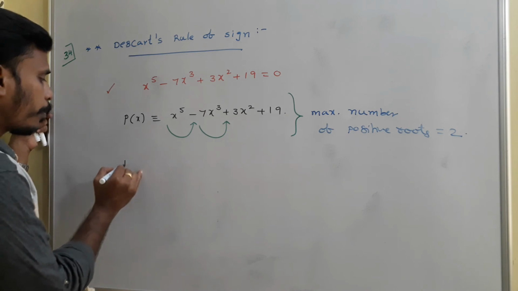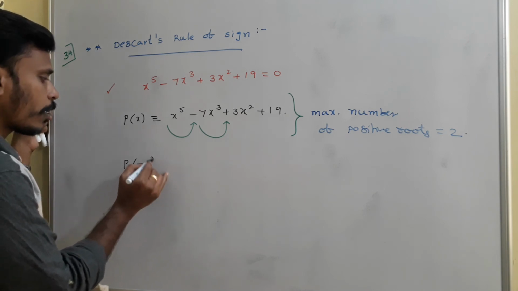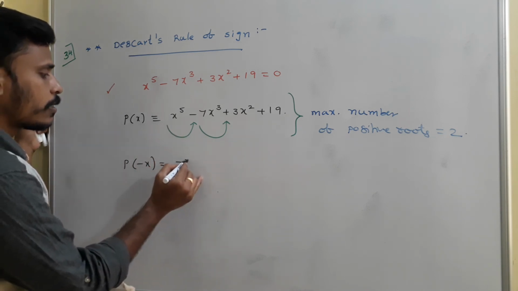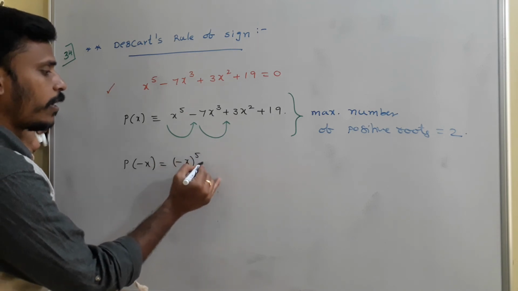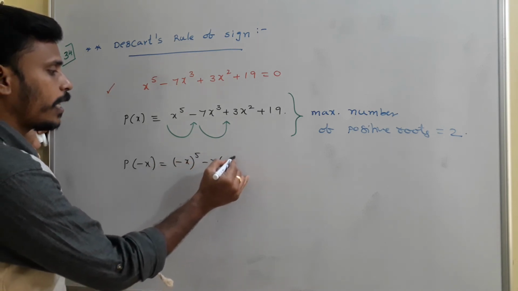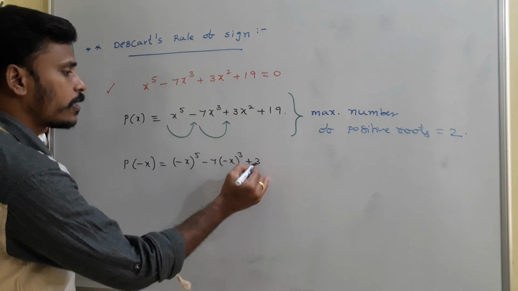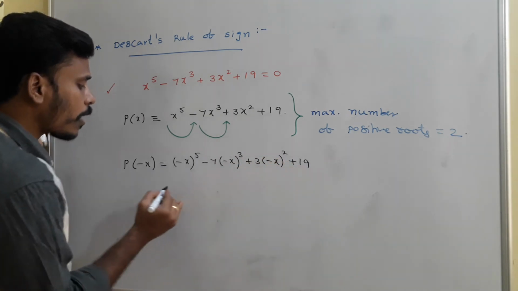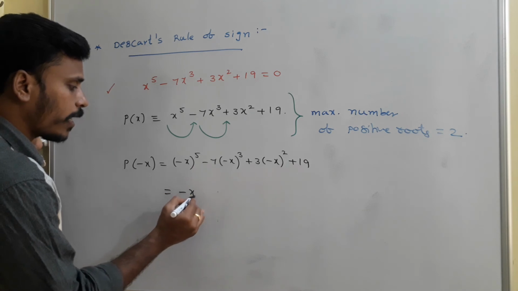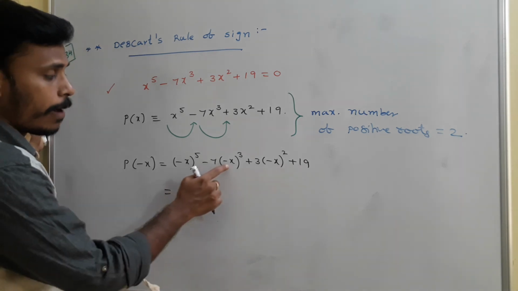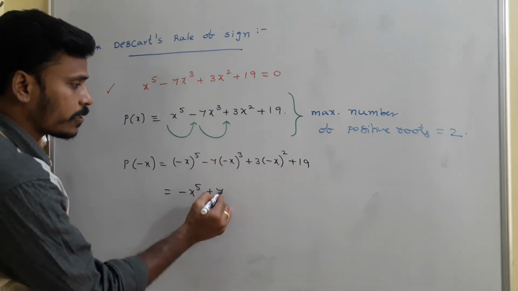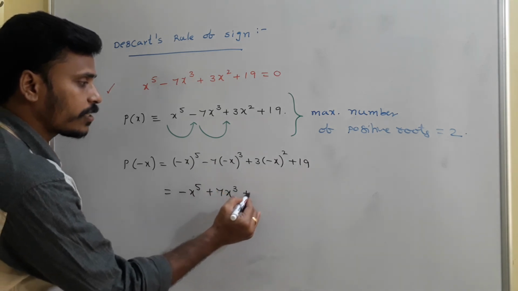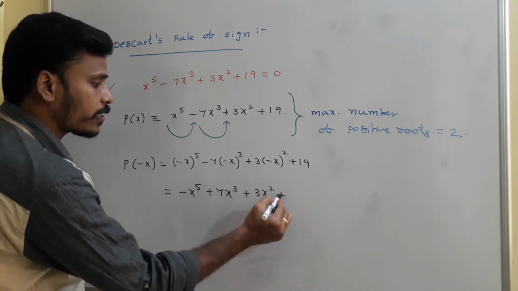Now think about p of minus x. So replace x with minus x. Minus x to the power 5 minus 7 into minus x whole cube plus 3 into minus x square plus 19. Minus x whole power 5 is minus x power 5. See, minus x cube, minus of minus, plus 7x cube plus 3x square plus 19.